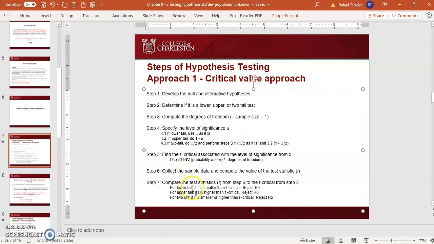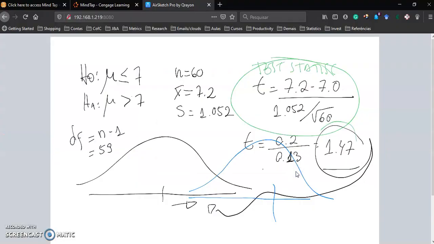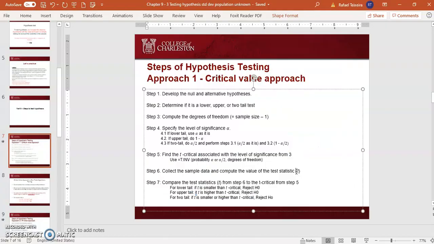And then if the resulting t statistic, this number here, is within the rejection region, remember the rejection region, then we reject the null hypothesis. This is what step 7 is saying.